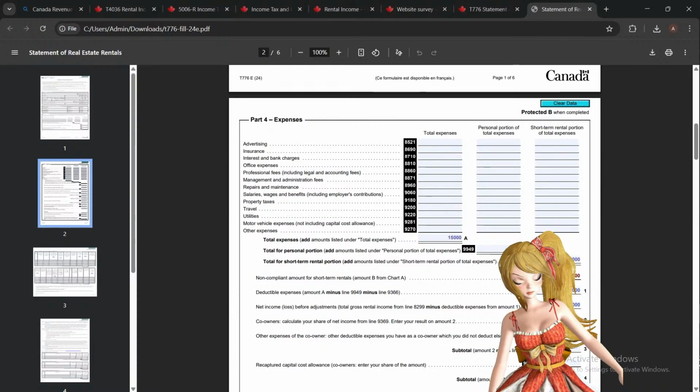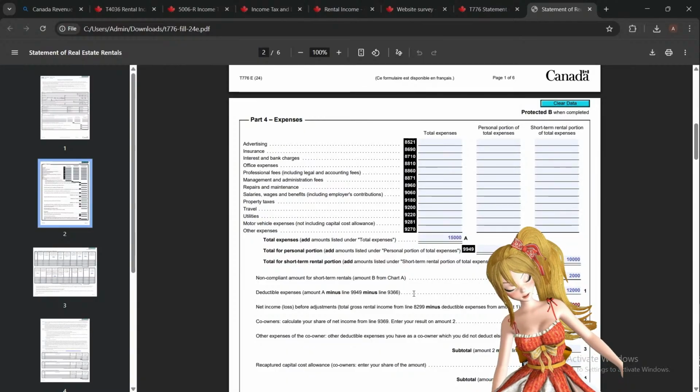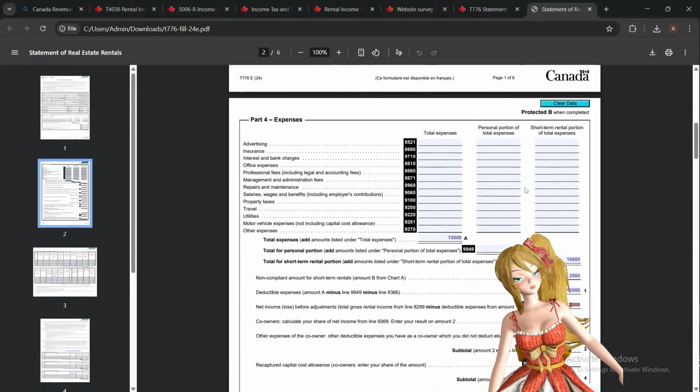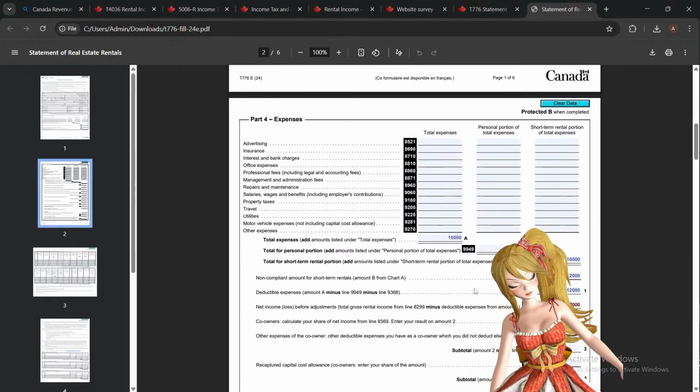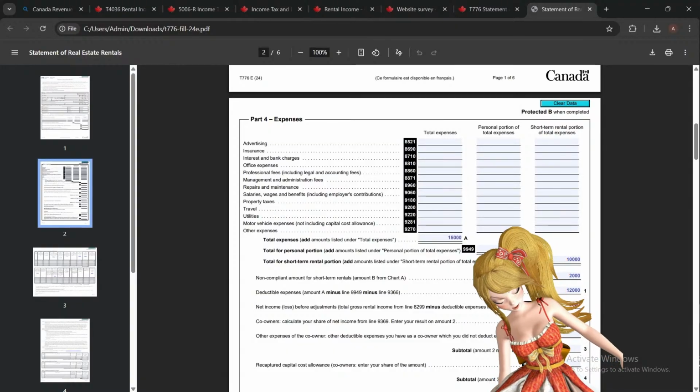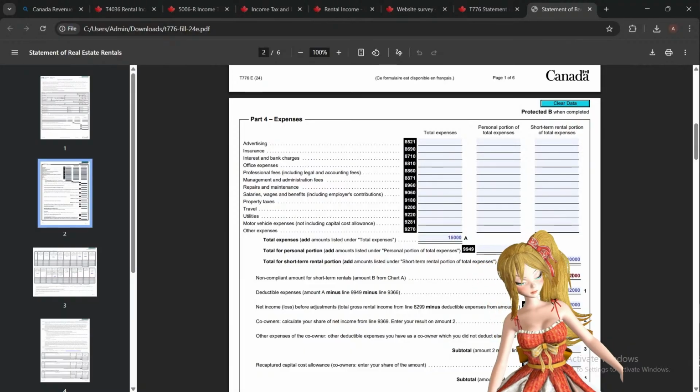If they missed 2,000 in payments, then the net that normally would be what? Profit 10,000, revenue 10,000, minus deductibles would be minus 2,000 because I didn't pay the 2,000.